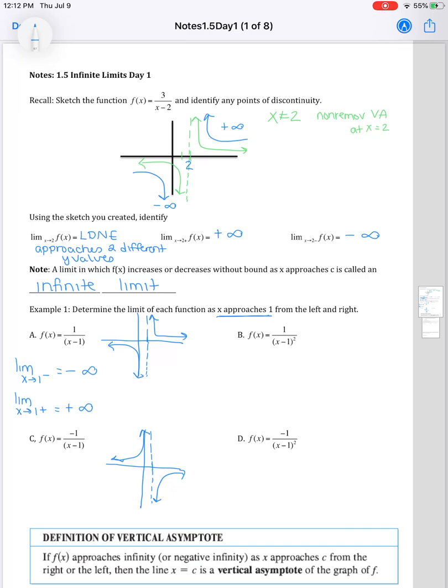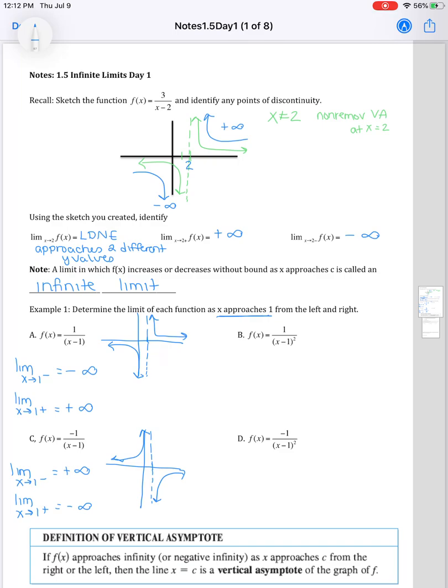If you sub any negative value in, you're going to end up with a positive value, so you have to be above the x-axis. So here, if we're doing limit as x approaches 1 from the left and limit as x approaches 1 from the right, what you're going to find is as you're coming from the left, this one is now going to be positive infinity, and coming from the right, that is now going to be negative infinity.